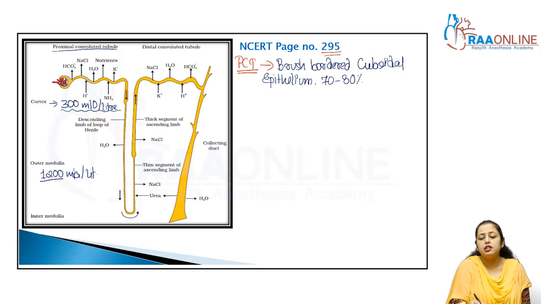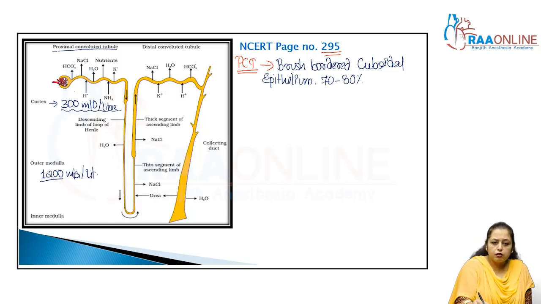To maintain the internal environment constant, the tubular reabsorption processes occur in our body. So we can maintain that osmolarity in the cortex region, that is 300.